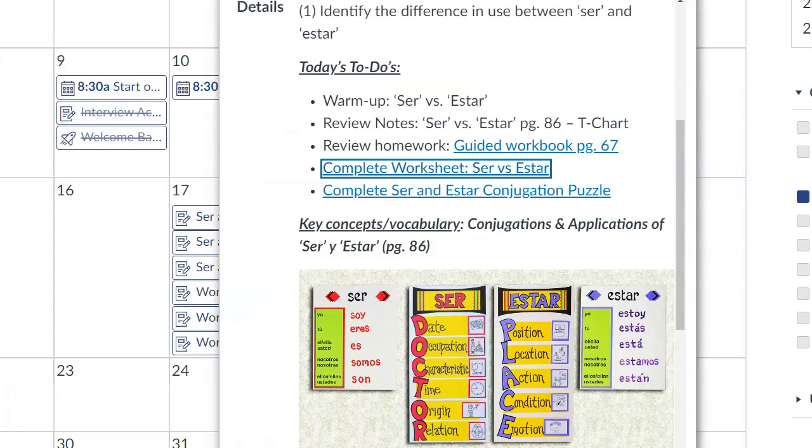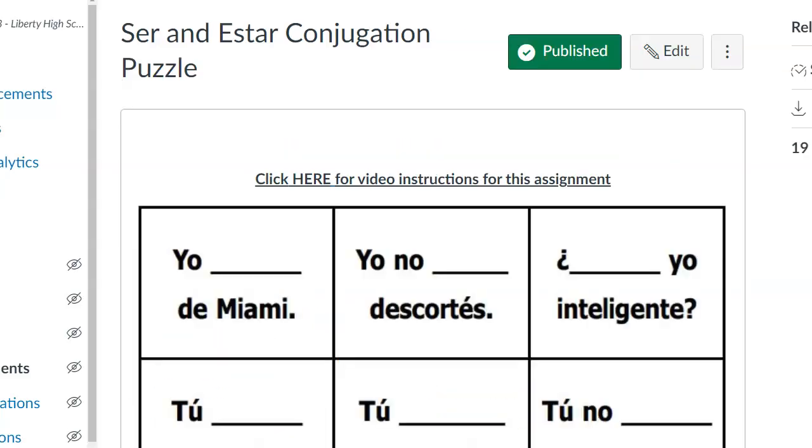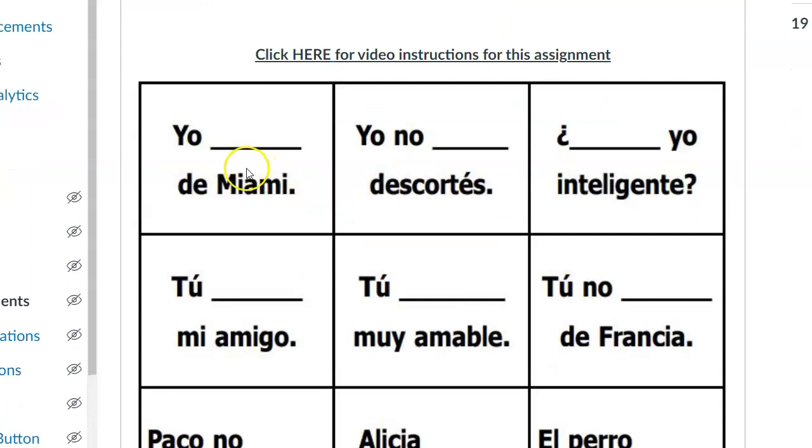Last assignment that's due for next class is the ser estar conjugation puzzle. For this assignment, you are going to do the same 2 things as you did for the worksheet. You're going to write the correct form of ser or estar, and you're going to write the reason or the context underneath.